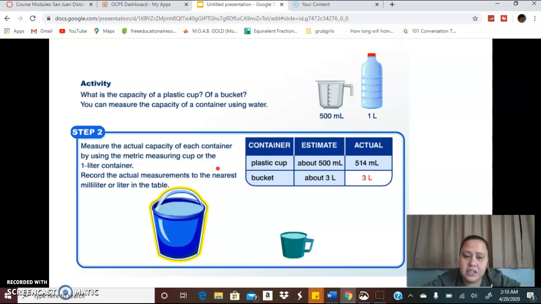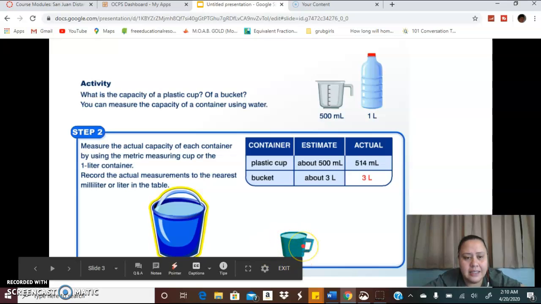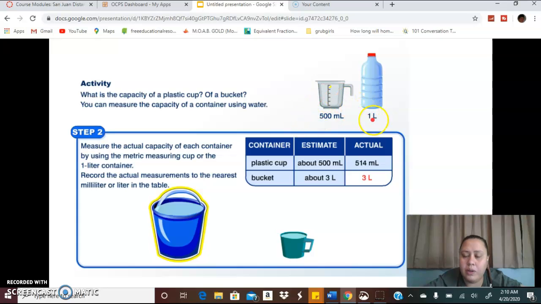All right, so let's just look at this right here. What we want to know is what the capacity is of this little plastic cup here, or what the volume is for this bucket. Now, we can choose to measure it, and we have 2 ways to pour the liquid into these 2 items.